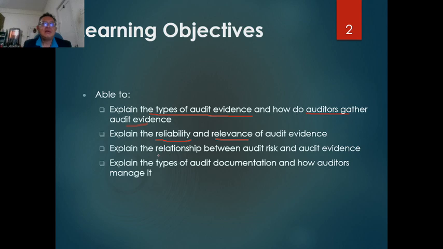Later on you must be able to explain the relationship between audit risks and audit evidence. And lastly, you must be able to identify types of audit documentation and how the auditor manages it. So there are three areas you need to know: audit evidence, audit procedures, and audit documentation.